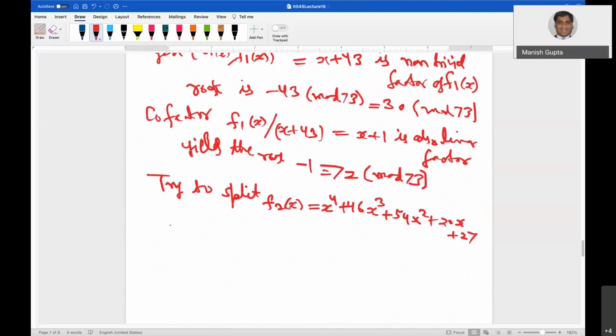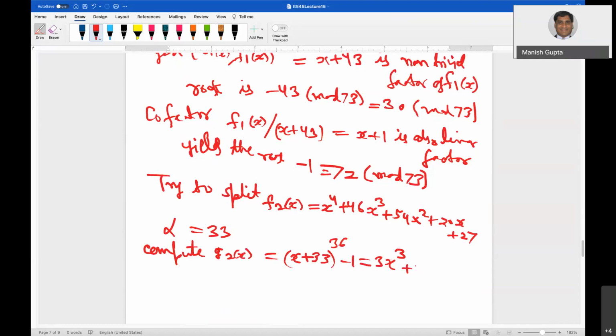Now we try again some random alpha. Suppose alpha is 33. We compute g2 of x, which is (x plus 33) raised to power 36 minus 1, turns out to be 3x cube plus 19x square plus 41x plus 64 mod f2 of x. We will have to take mod f2 of x.